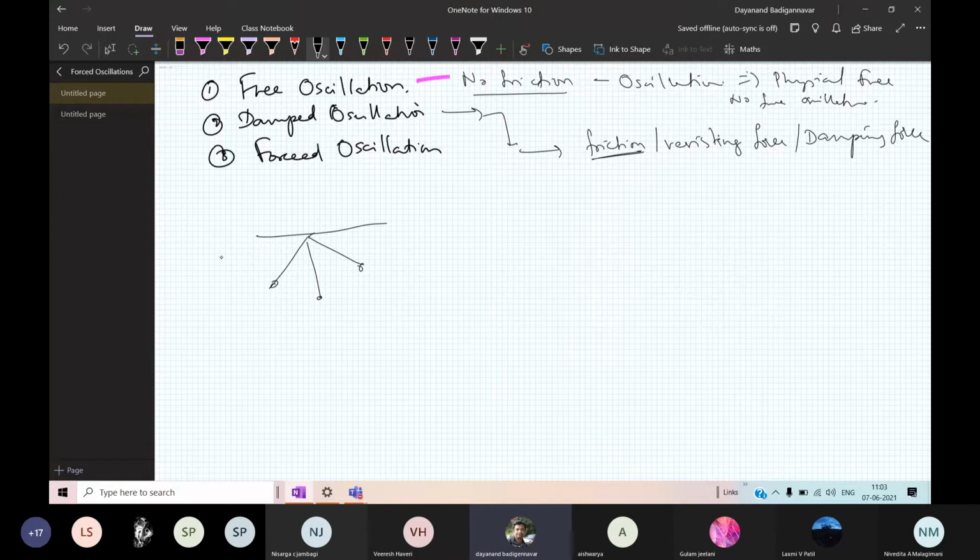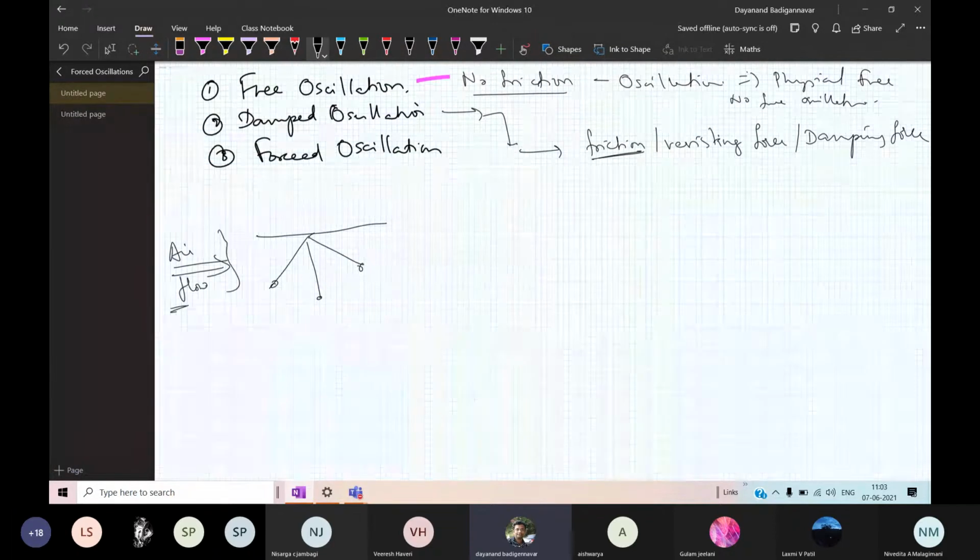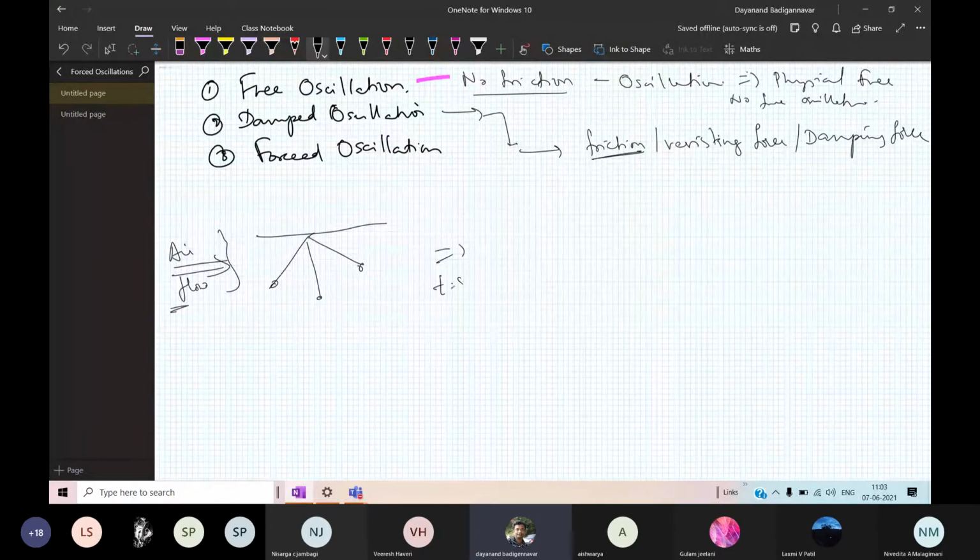You have some airflow, which acts as a damper. The airflow resists the motion, and after say 5 minutes, it halts and comes back to the equilibrium level. It dies off. That is called damped oscillations.